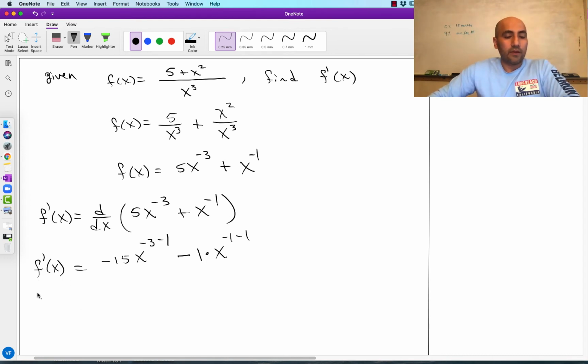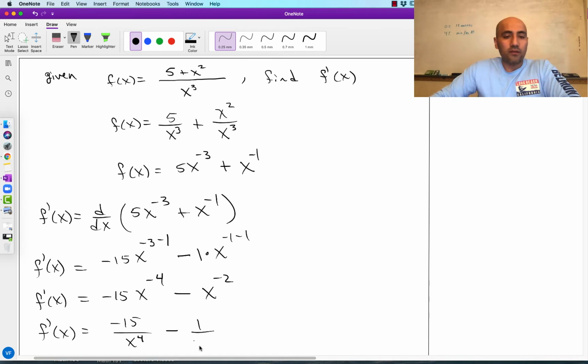Like that. Okay, and so f prime equals negative 15 x to the minus 4 minus x to the minus 2. And then going back to this style, we could say that this is equal to minus 15 over x to the 4th power minus 1 over x to the 2nd power.